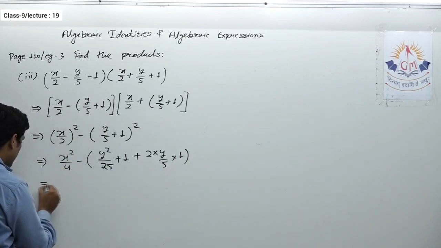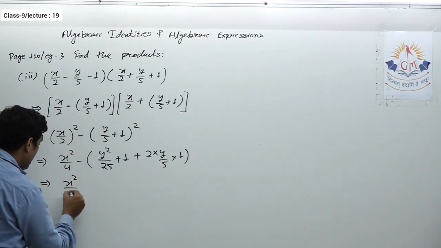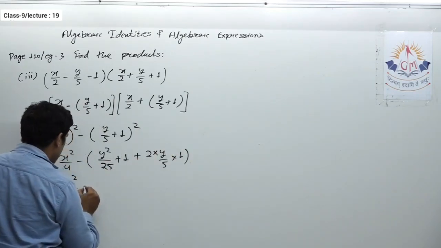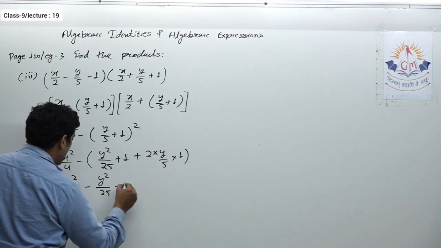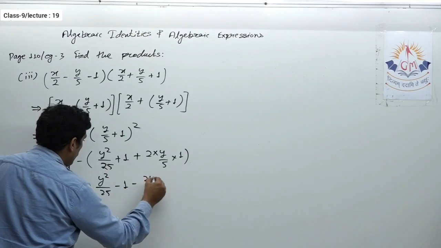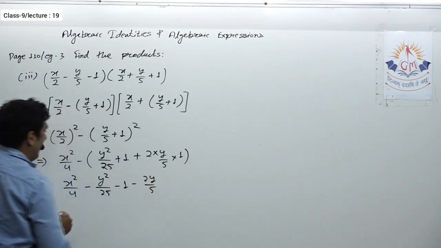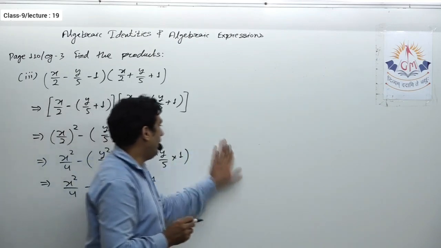Now with the help of this minus sign, all the terms over here will become negative. So minus y square upon 25 minus 1 minus 2y upon 5. So this is my final answer.